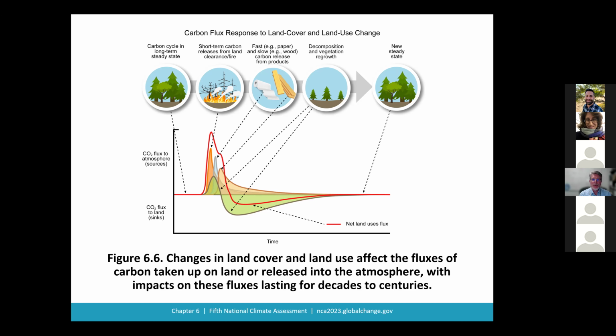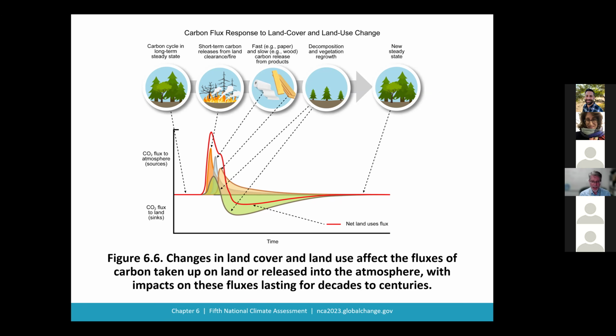And the point that we raise in the chapter is that the ability of these systems to do that is very tightly connected to not only the current land use, but also the trajectory of land cover and land use that's led up to the current state.